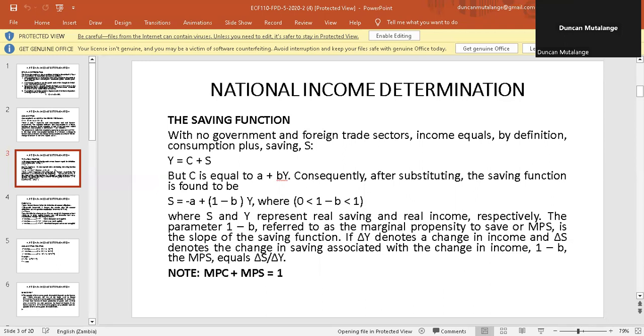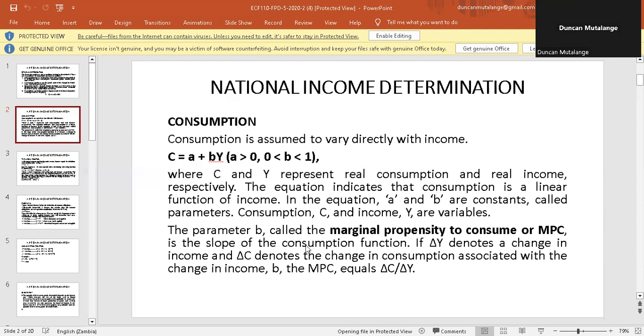Calculate the MPC. So remember, calculating the MPC, we should have 2 points, right? The change in C here just represents your current consumption minus your initial consumption, divided by your current income minus your initial income. So can you just try to calculate that?